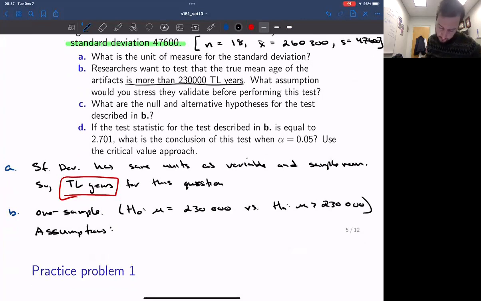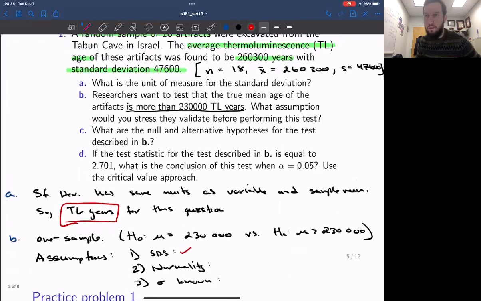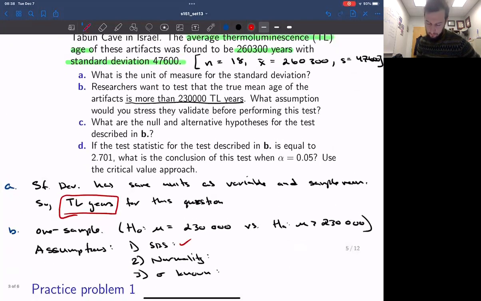So we know that there are three assumptions: SRS, normality, and we can also say sigma known. Okay. So we actually know that it's a random sample because we are told in the question that we have a random sample.